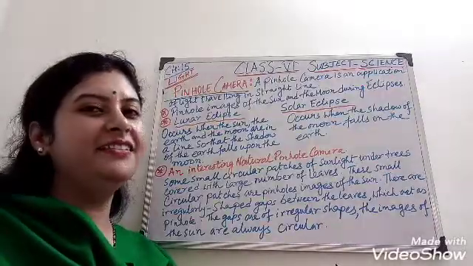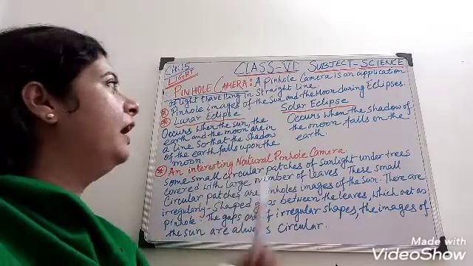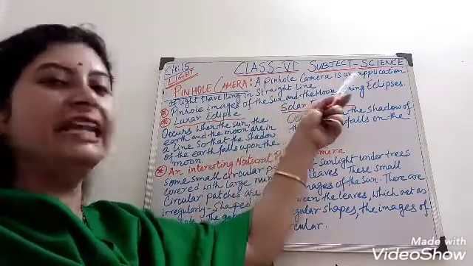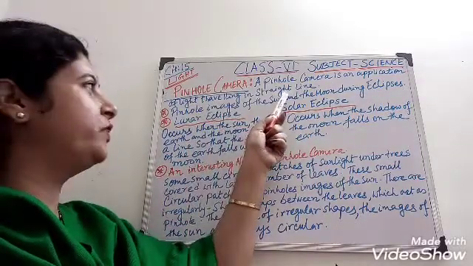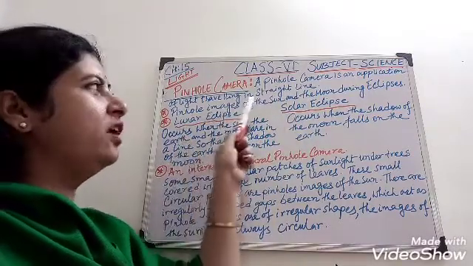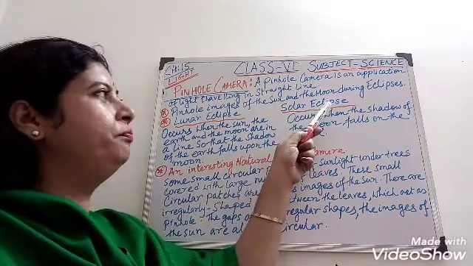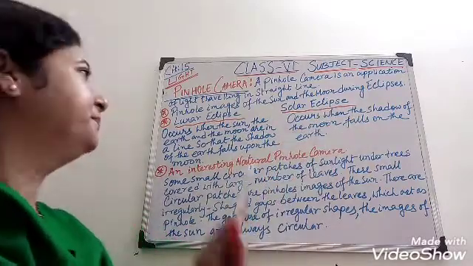Now, an interesting topic for you children, the pinhole camera. A pinhole camera is an application of light traveling in a straight line. Pinhole images of the sun and the moon during an eclipse you can observe.